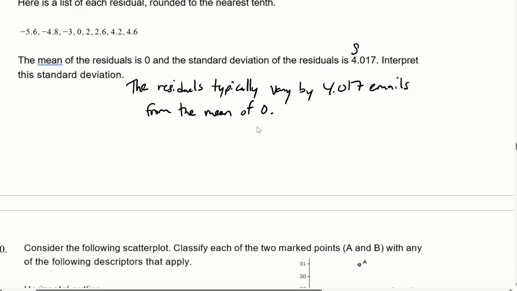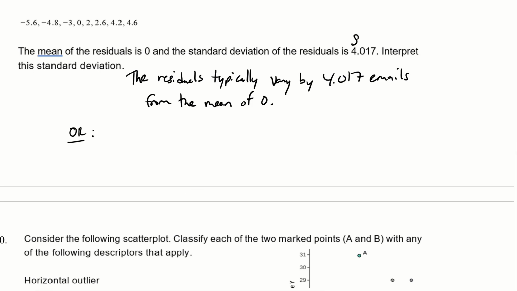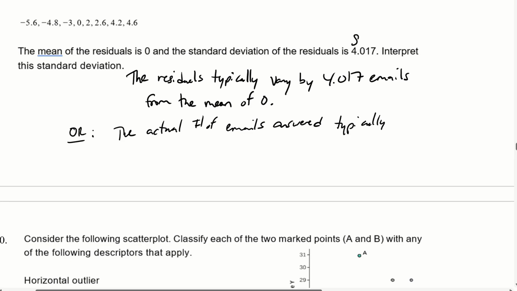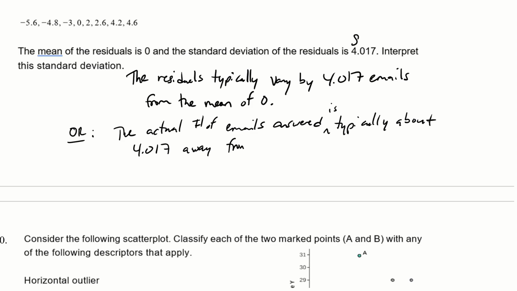So we could say the actual number of emails answered typically varies, or rather I would say is typically about 4.017 away from the number predicted by the least squares regression line.